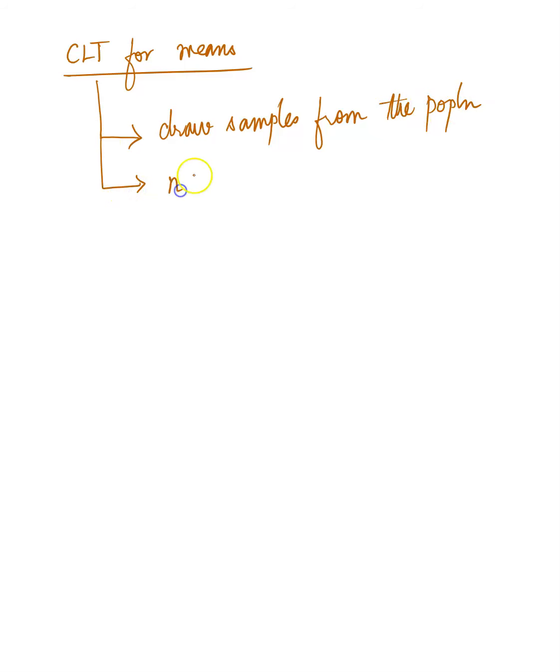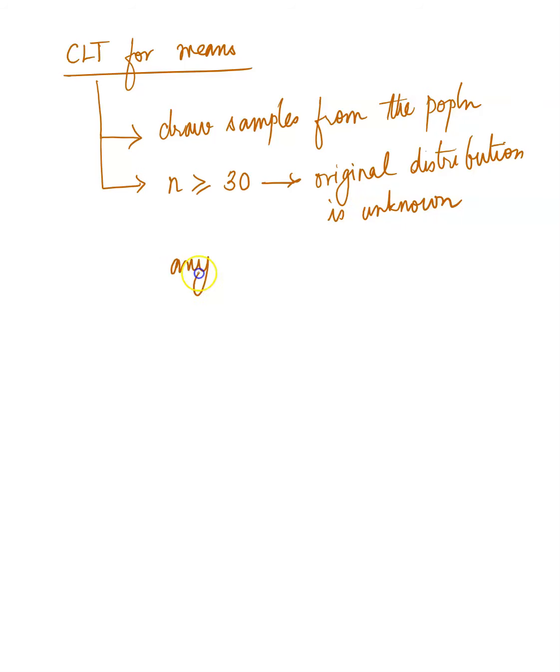When we say large enough, we want it to be greater than or equal to 30 if the original distribution is unknown, and the sample size can be basically any size if you have the assurance that the original distribution is normal.